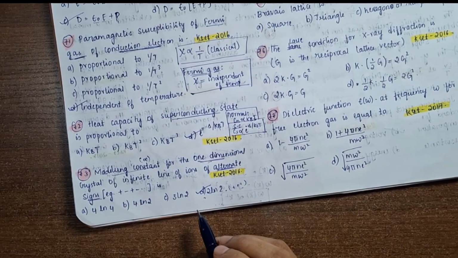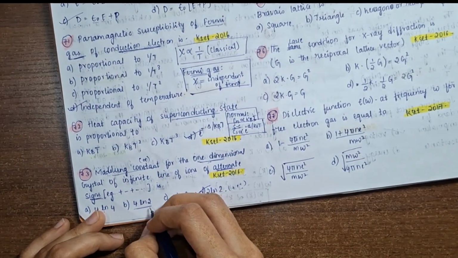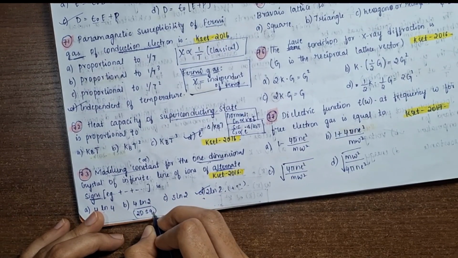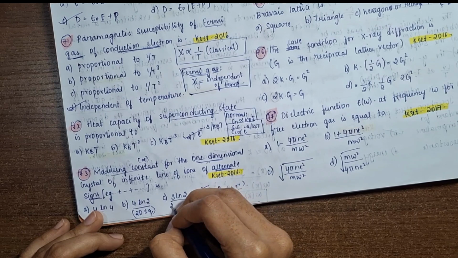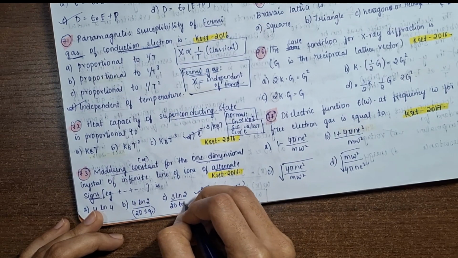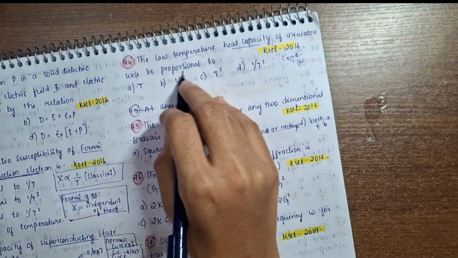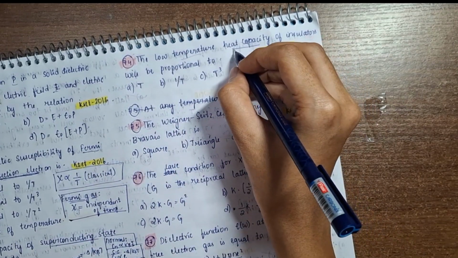So option D is correct. 4 ln 2 is for the 2D square lattice, and 3 ln 2 is for the 2D triangular lattice.